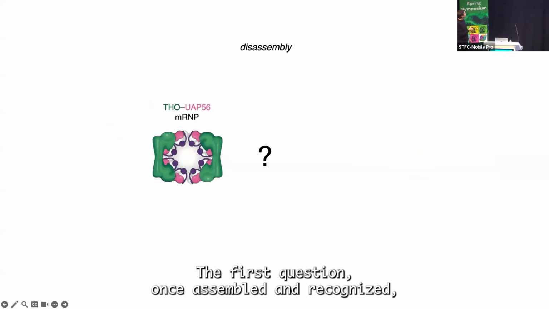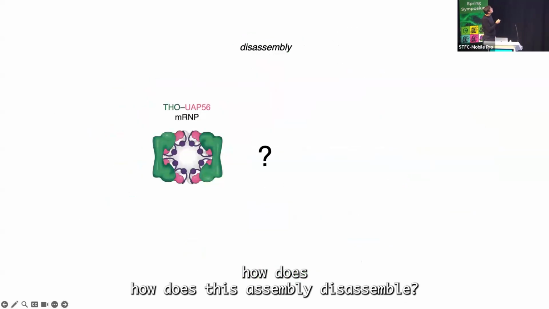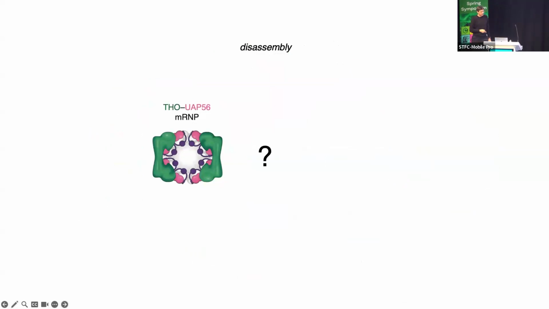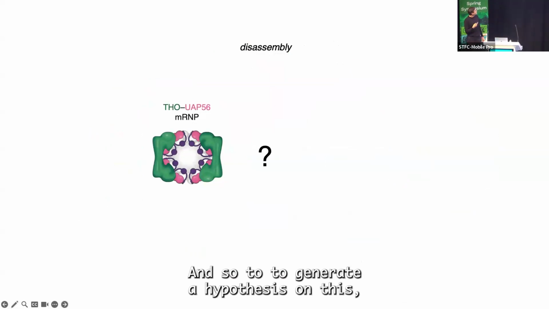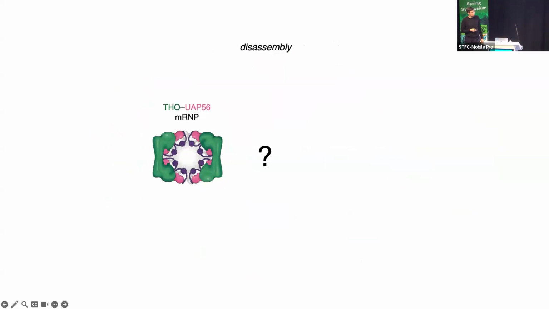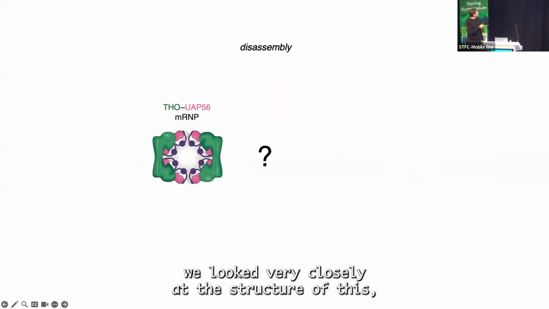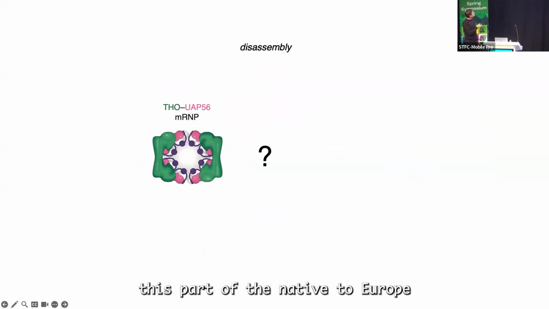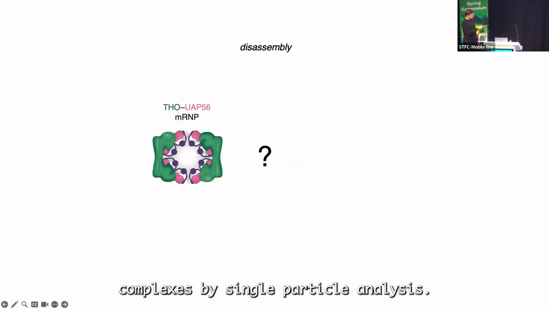The first question: once assembled and recognized, how does this assembly disassemble? To generate a hypothesis on this, we looked very closely at the structure of this part of the native Tau-UAP mRNP complexes by single particle analysis.